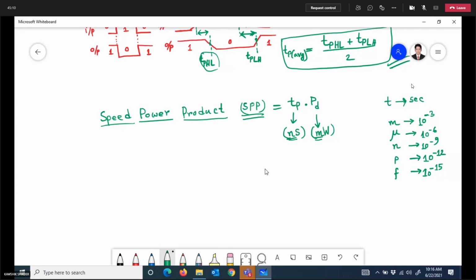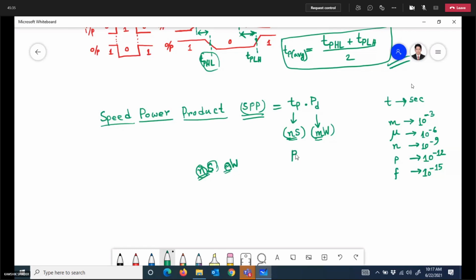So nano and milli combined give pico. Don't get confused: in nanosecond, the nano is the multiplier and the unit is second. In milliwatt, the milli is the multiplier and the unit is watt. The unit of power is watt and the unit of time is second, and these are the multipliers.